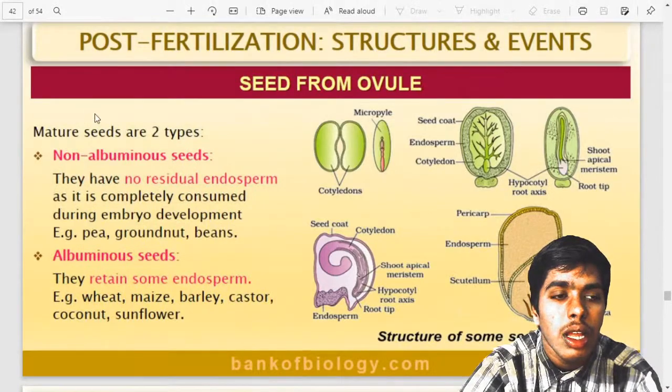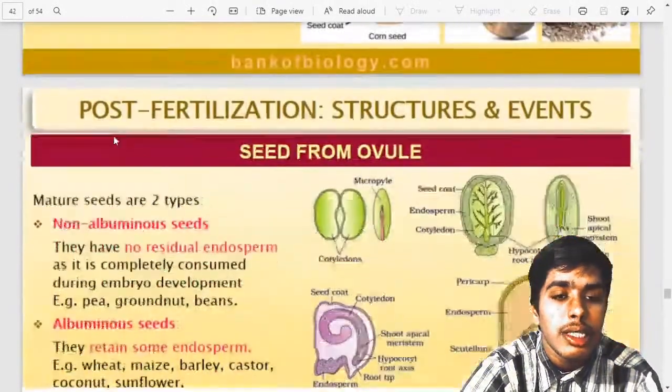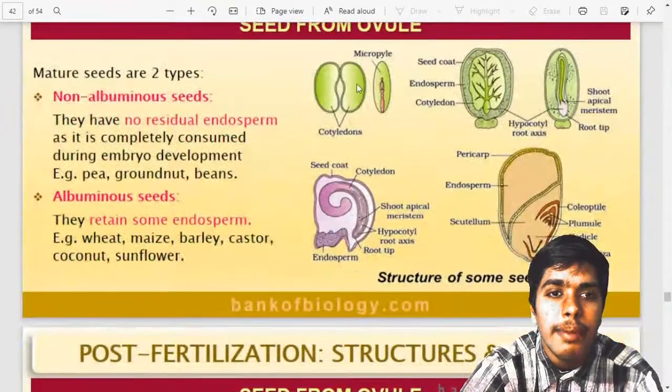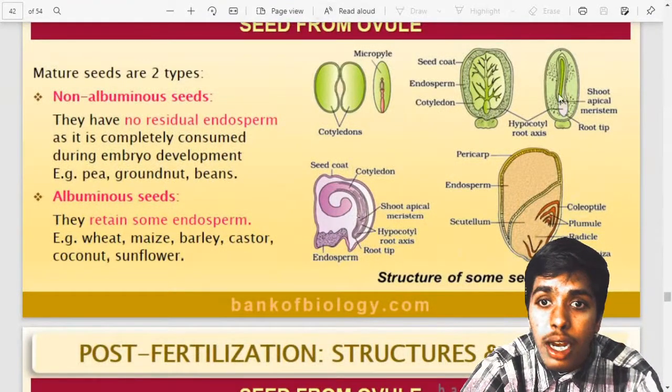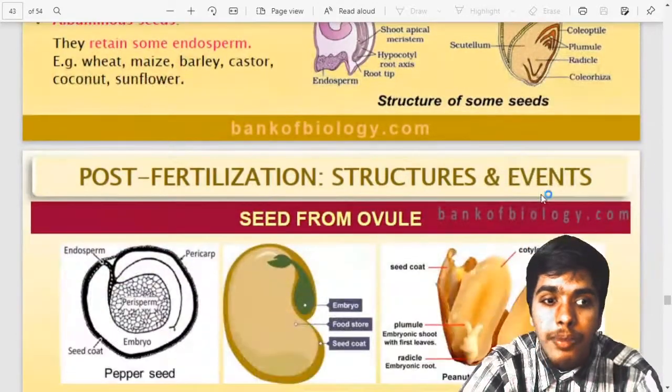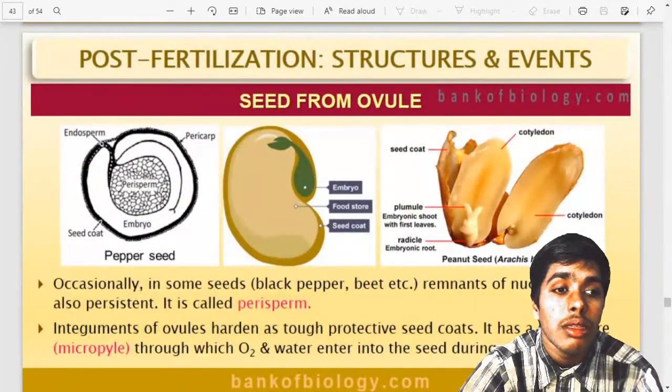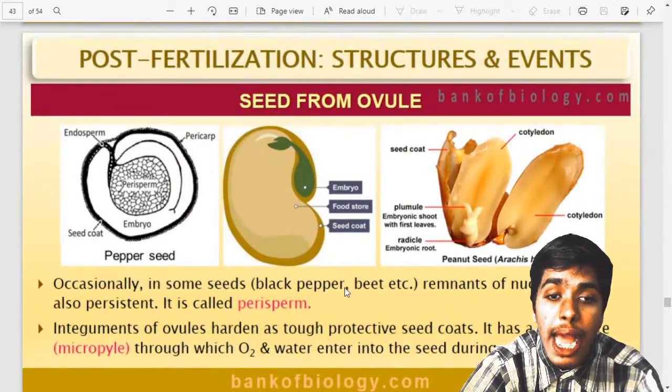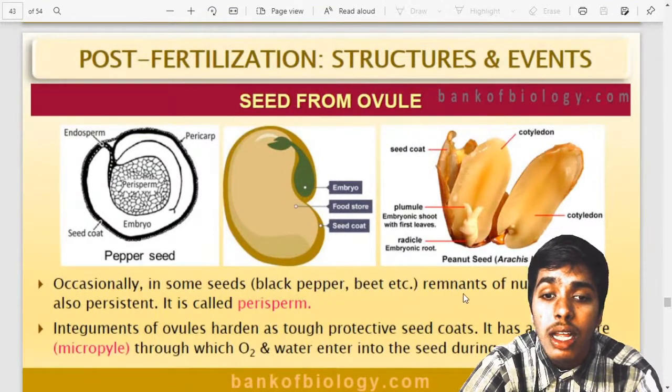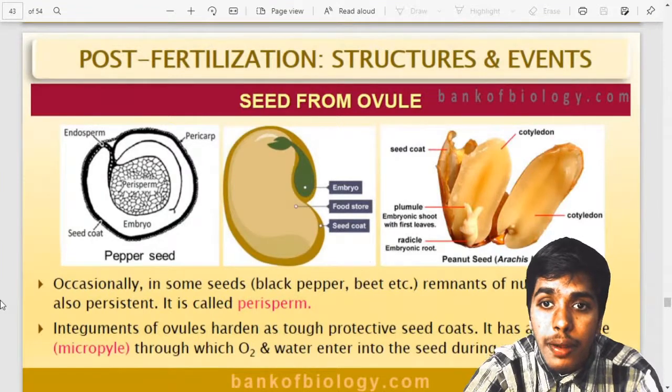Here are mature seeds, but you can see the diagram is not different. There are two cotyledons, a micropyle and a hypocotyl. Occasionally in some seeds like black pepper, beet, etc., remnants of nucellus are also persistent. It is called perisperm.